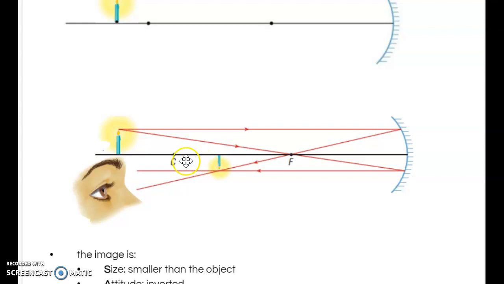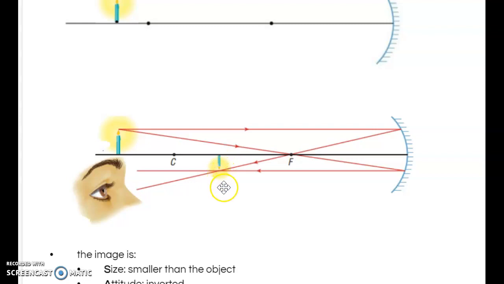Okay, in this case, where an object is beyond the center of curvature, these incident light rays are going to go through their given paths, and they're going to be reflected back, whatever their path might be. They're going to converge past F, in between C and F, to form an upside down, inverted image.